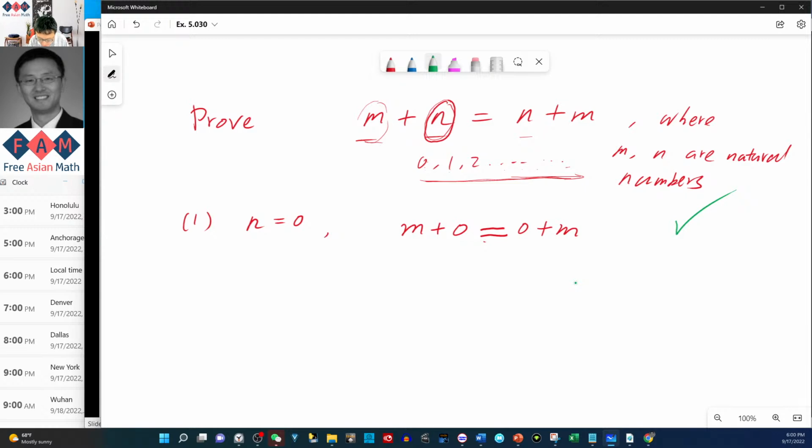Remember, once again, we are trying to do the induction on this second number n. We want to show this is true for any natural number. So first step is when n equals 0.